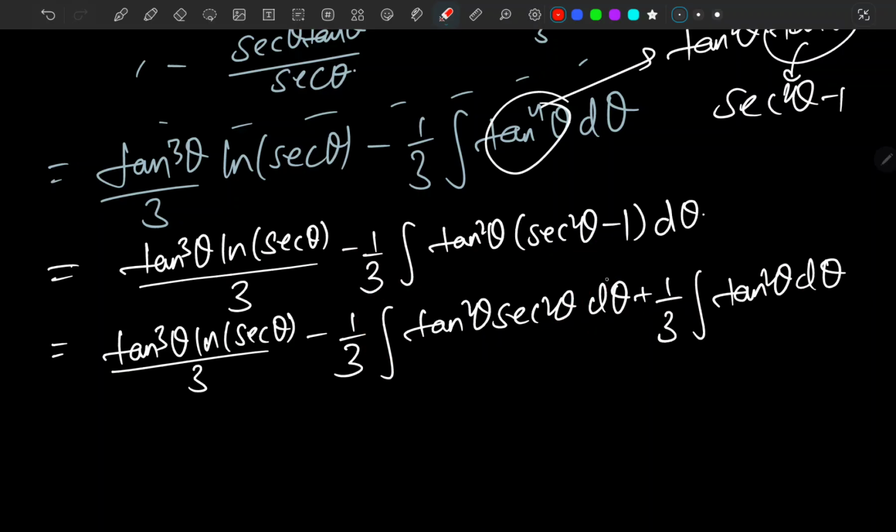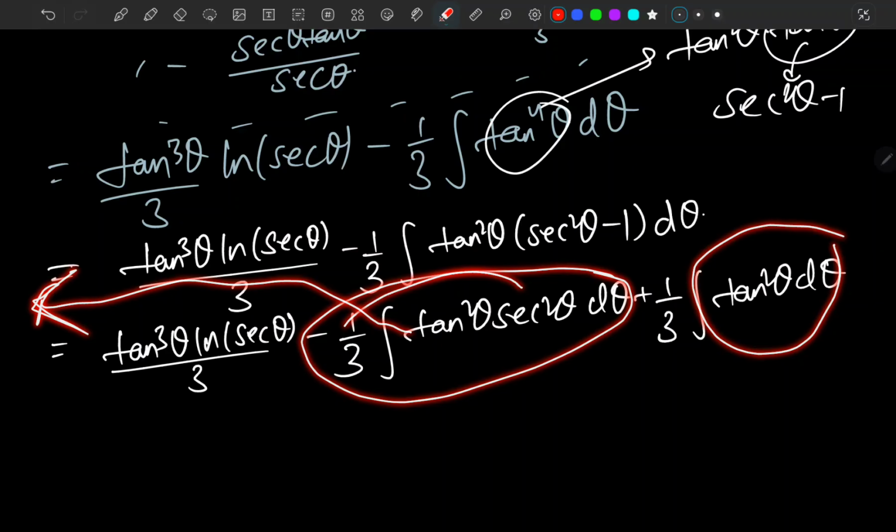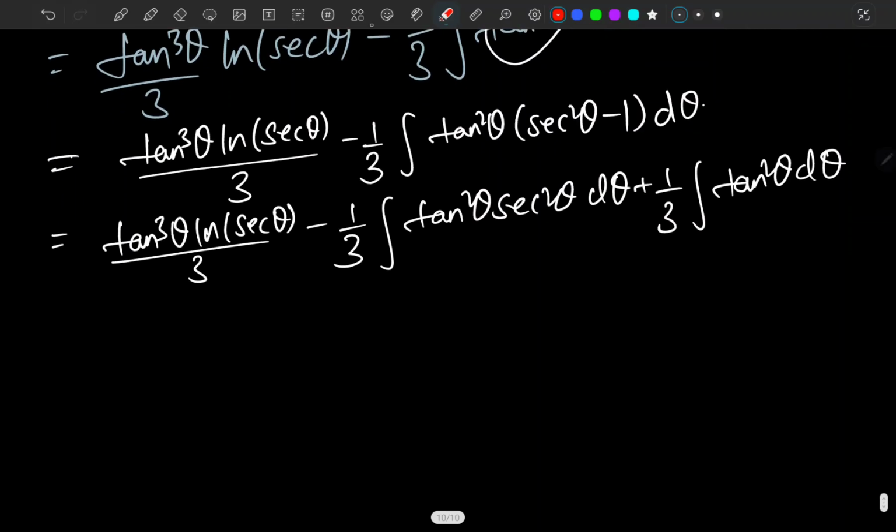So in the next step, we are just going to send this thing to the left hand side. Okay, but how to deal with this? Let's just think about this. Well, we know the integral of secant square theta, right?